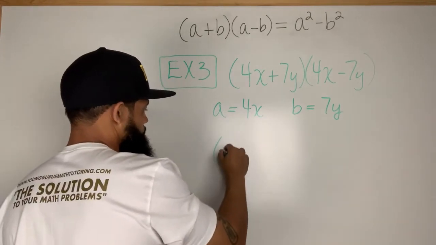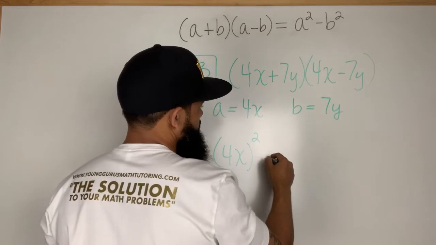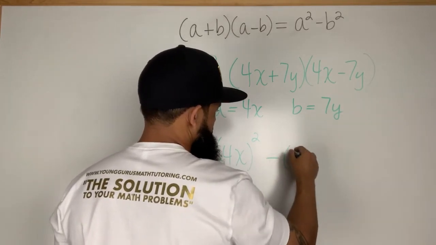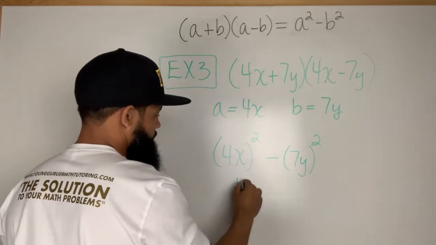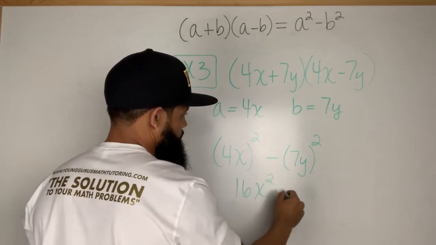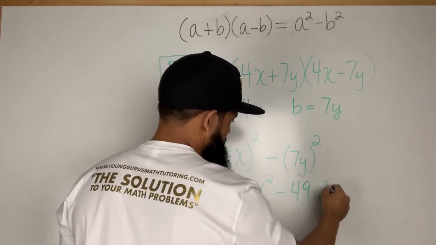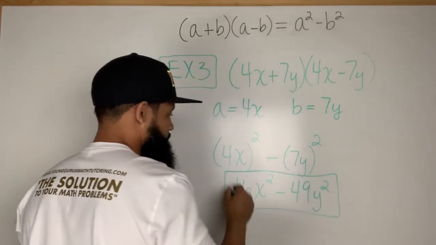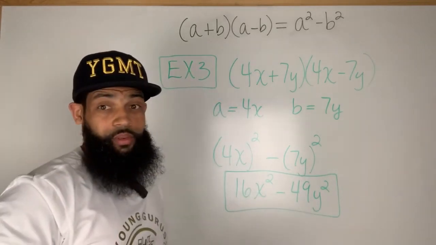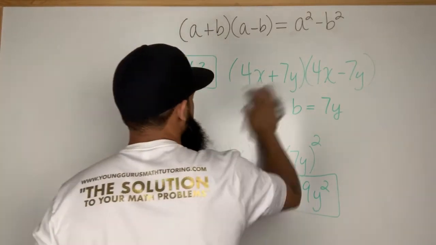Well, 4x to the second power minus 7y to the second power. 4 squared is 16. Keep my x squared. Minus 7 to the second power is 49. Keep my y squared. And that is it. It's that simple. Alright? Let's do one last example.